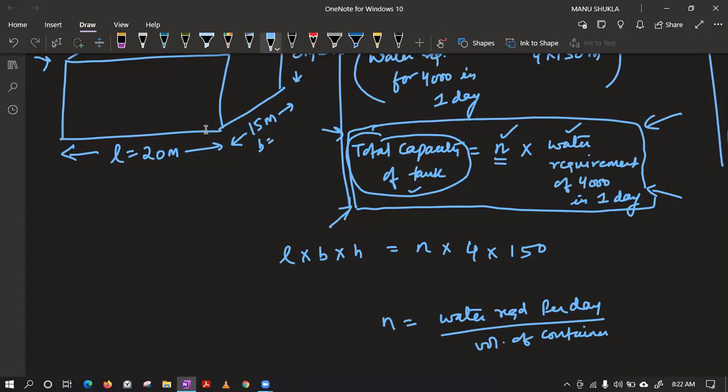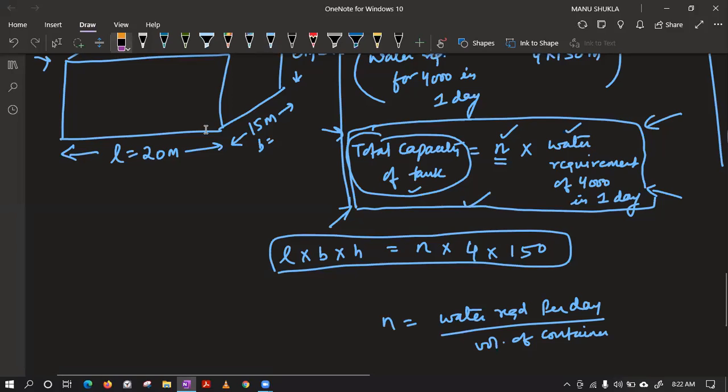This only gives us the formula. So actually the volume of container should be in numerator and water required per day should be in denominator. That is why I told you not to directly jump to the equation. You have to understand first. Okay. This way, if you go, you will never get the wrong equation.